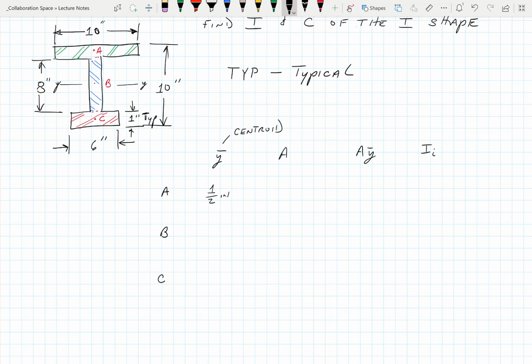I can choose any place along here becomes 0. Okay? And I do need to know where 0 is. All right? But I can also choose what I presume to be the center of the object to be 0. Okay? So really the y bar is from this point up to here, not just this dimension in here.